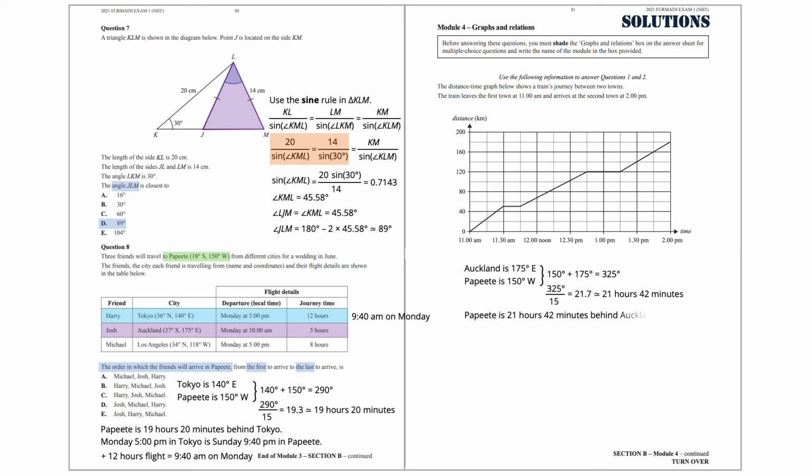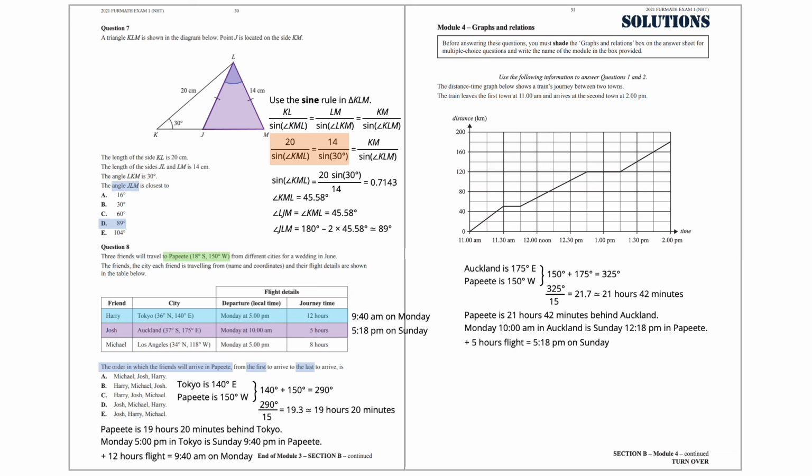Pepite is 21 hours and 42 minutes behind Auckland. So Monday 10 a.m. when Josh leaves Auckland is Sunday 12:18 p.m. in Pepite. We have to add the 5 hours flight, which means that Josh arrives in Pepite at 5:18 p.m. on Sunday.